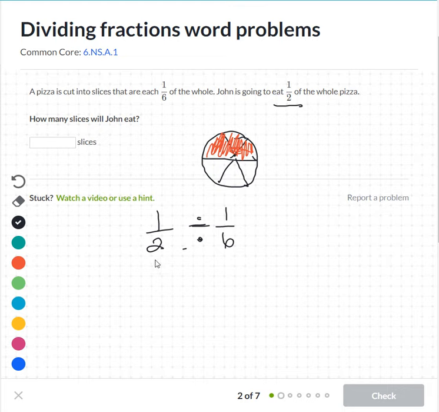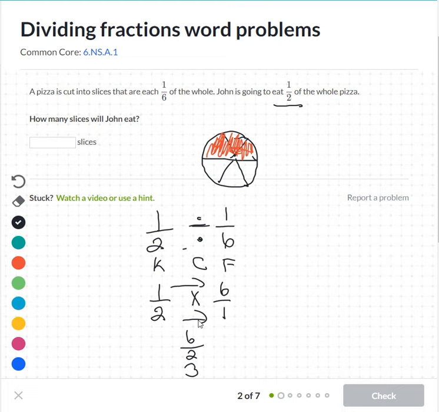To divide fractions, I'm going to keep, change, and flip. I keep 1/2, so that's 1/2. Division is changed to multiplication, and 1/6 is flipped to be 6/1. Multiply across. 1 times 6 is 6, and 2 times 1 is 2, and 6 divided by 2 is 3.